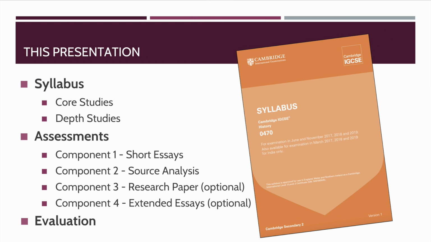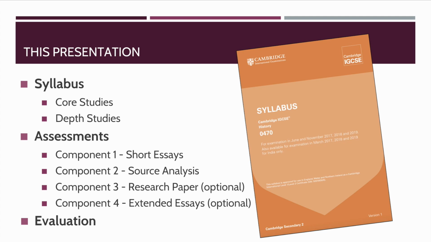So today's presentation is broken into 3 parts: the syllabus, the assessments, and evaluation. The first part, the syllabus, is the information which we will be studying. And the information that we study is broken into 2 parts: core studies and depth studies. The assessments come in 4 different forms: component 1, 2, 3, and 4.